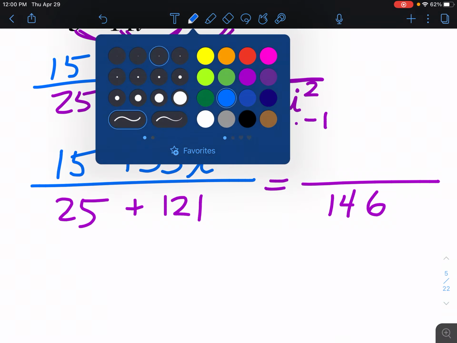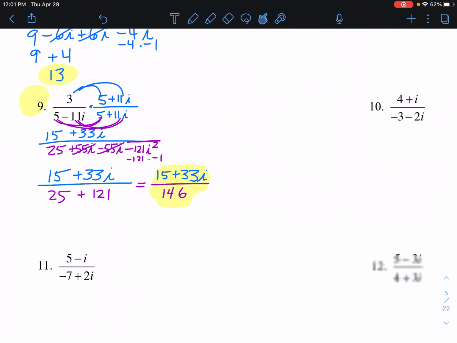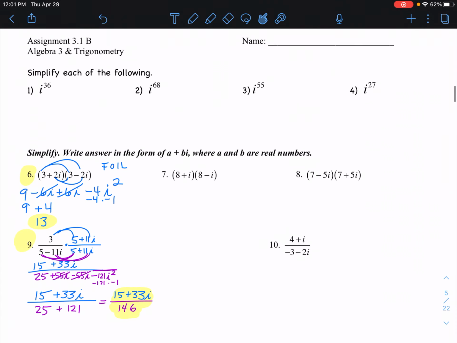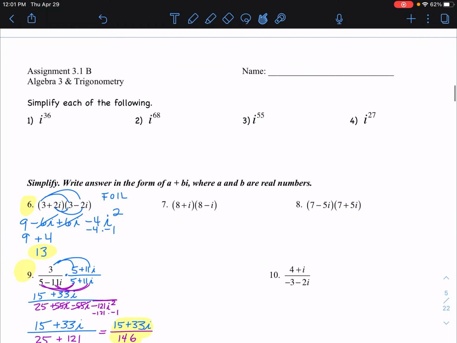And then bring over the numerator. And then I do a double check. Can both of those numbers simplify with 146? No, they cannot. So there's my answer. Okay, guys, so you should be good to go on 3.1b to finish up what I didn't get through, 1 through 12.